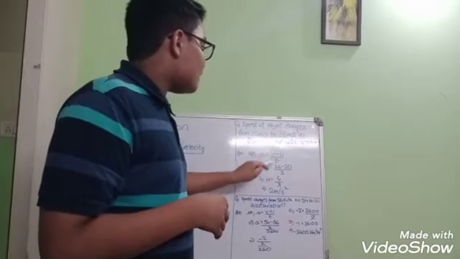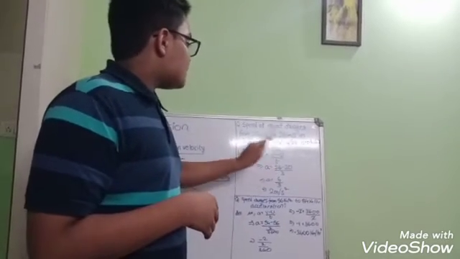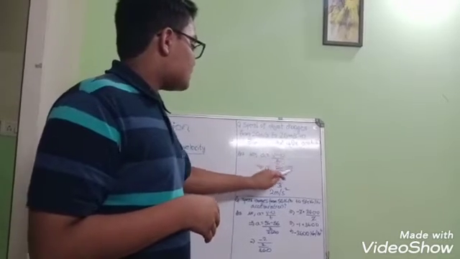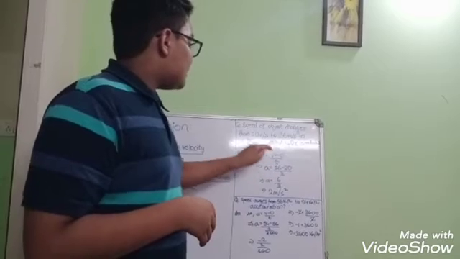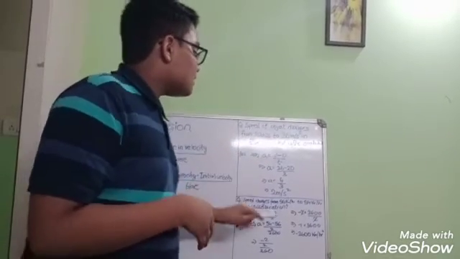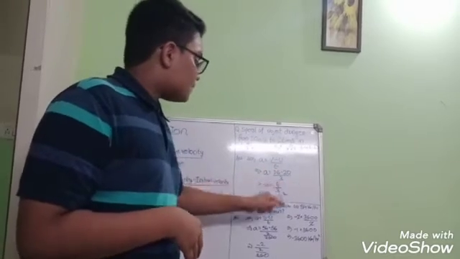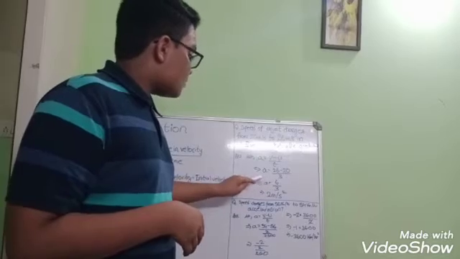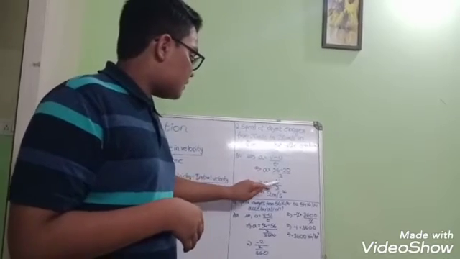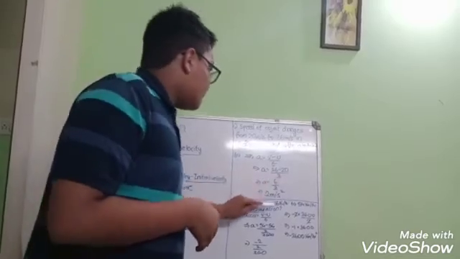Here the final velocity is 26 meter per second, the initial velocity, that is u, is 20 meter per second, and t, that is time, is 3 seconds. So a is equal to 26 minus 20 by 3. The next step, 26 minus 20 is 6. So a is equal to 6 divided by 3, that is 2 meter per second square.